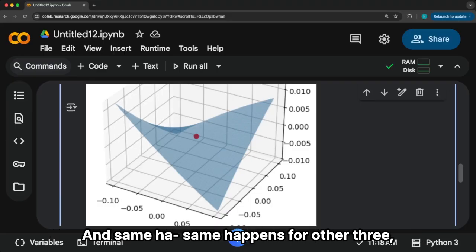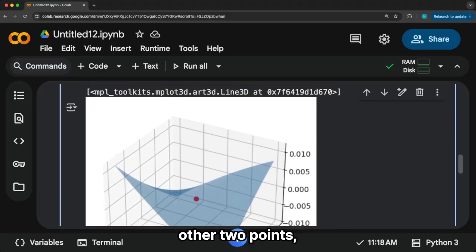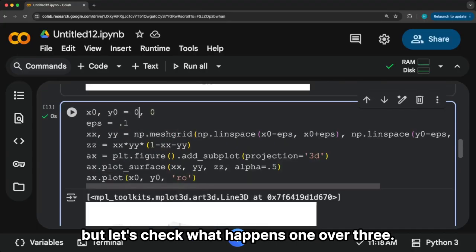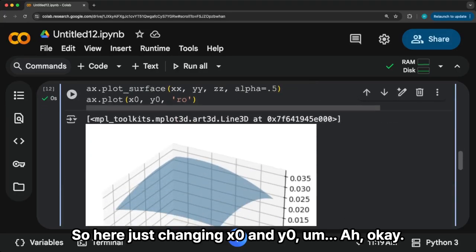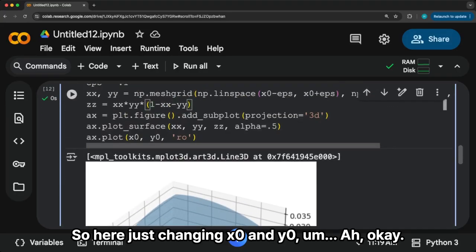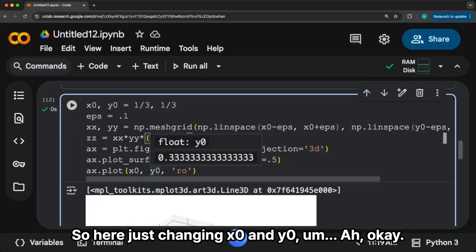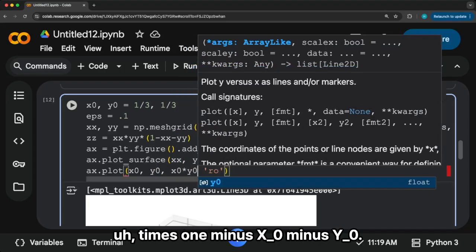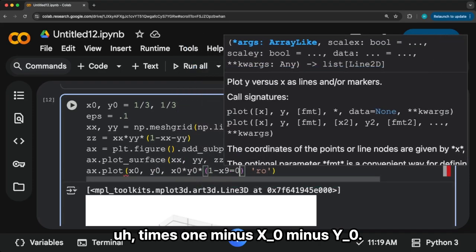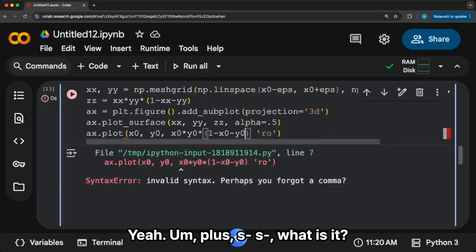And the same happens for the other 2 points, but let's check what happens at 1 over 3. So here, just changing x0 and y0. Okay, so I have to plot this, x0 times y0 times 1 minus x0 minus y0.